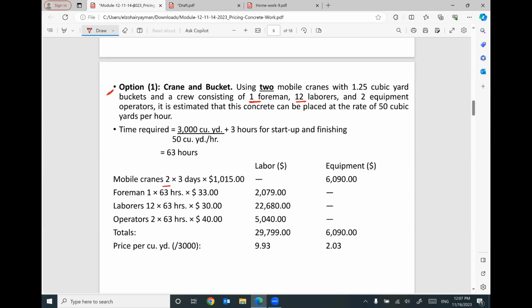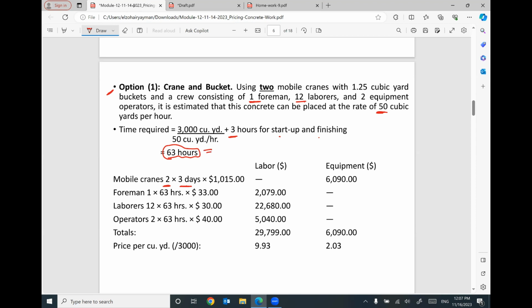You have 2 cranes, and I need to finish this work in 3 days based on the productivity rate, 50 cubic yards per hour. That means I have 3,000 divided by 50, so I need around 63 hours. And keep in mind, I added 3 hours extra just for the startup and finishing the work. So I need 63 hours.